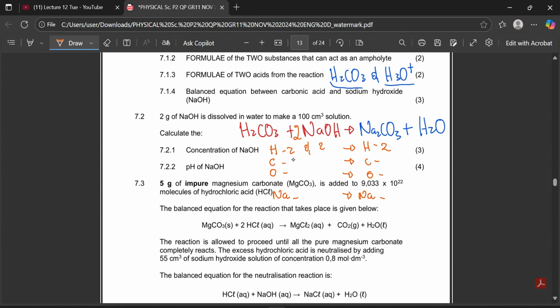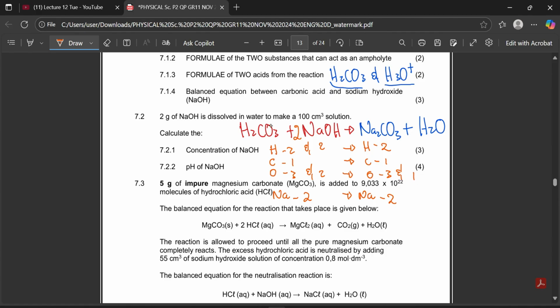My carbons are 1 and 1. My oxygens are 3 and 2. My sodiums are 2 and 2. What are my hydrogens on this side? It's 3 and 1.